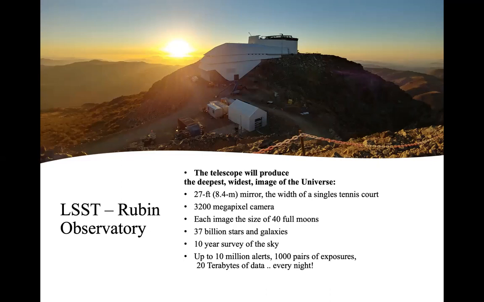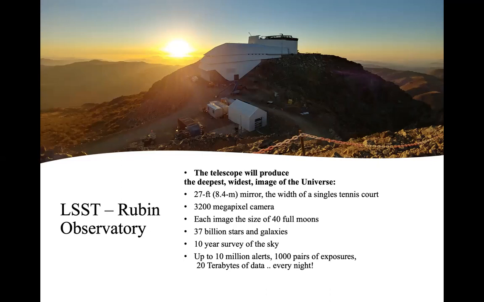Basically, the quality or productivity of the telescope depends on the CCD camera that you use and the size of the primary mirror. There are other things as well, but these are the two basic things that decide the quality of a telescope in these research grade observatories. So it's a combination of those two.